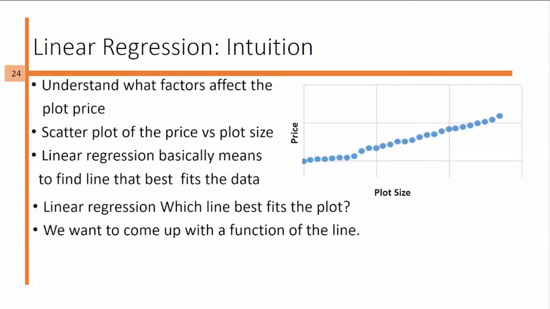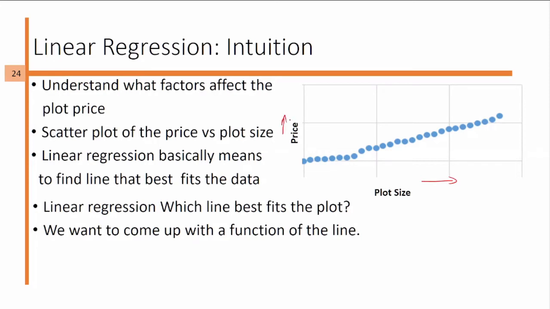So let's look at linear regression. What is linear regression? Suppose I have that example of plot price and plot size, and I make a scatter plot. There is a strong correlation between price and plot size: as the plot size increases, the price also increases.